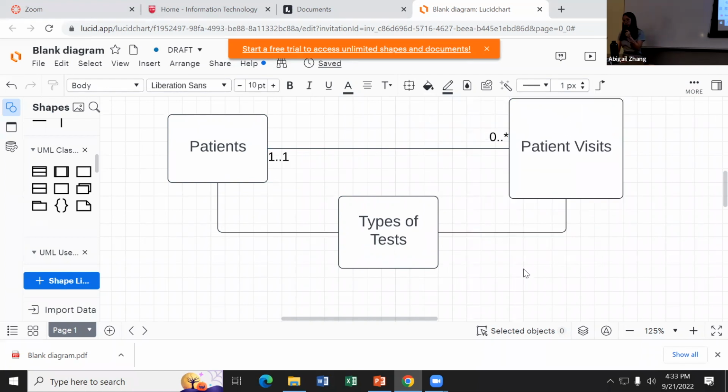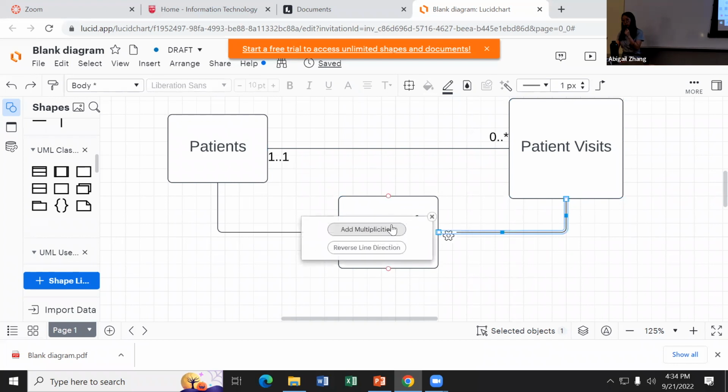Let's first think about the association between types of tests and patient visit. Here there should be a link, because the tests can only be performed when there is a patient visit. If we do the multiplicity here, let's first add the default and then edit. Let's first consider the multiplicity on the test side.